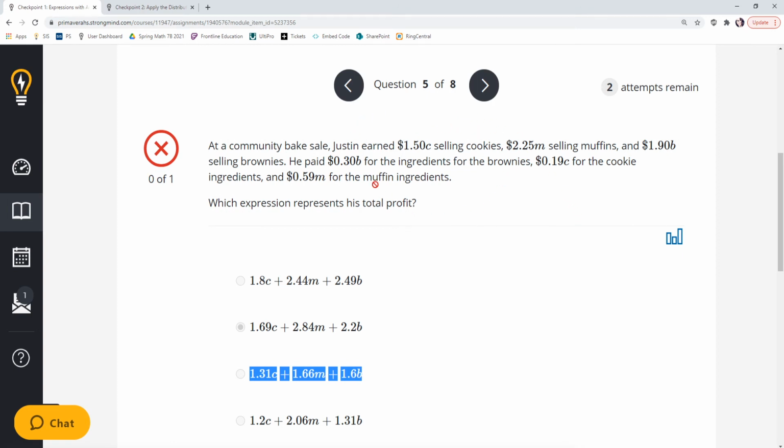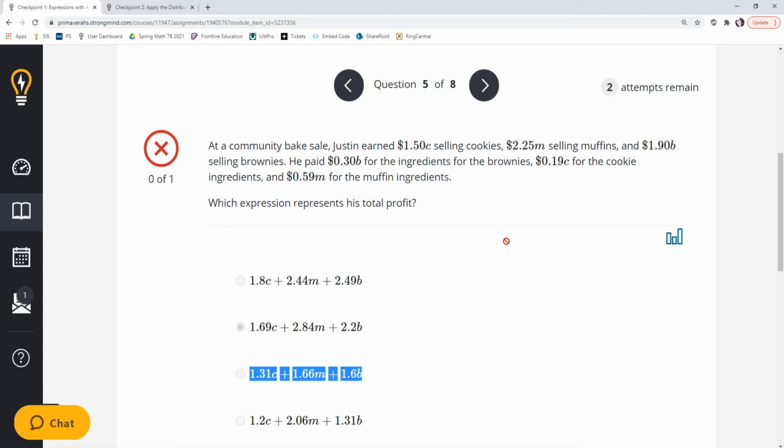So the theme with these questions is that you want to make sure that you have some sort of paper when you're doing these, because it's hard to look at the problem and do this all in your head or be able to keep it straight in your head.